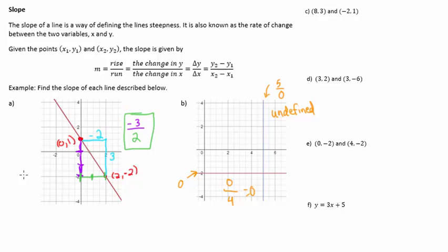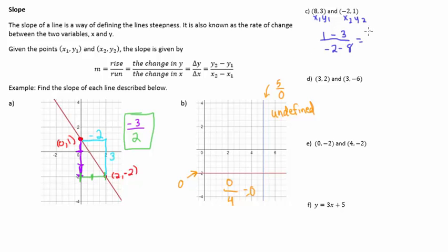Now we want to look at some situations where they gave us some points. Remember that we label these as x1, y1, x2, y2, and then we just plug into the formula. So I would have 1 minus 3 over negative 2 minus 8.